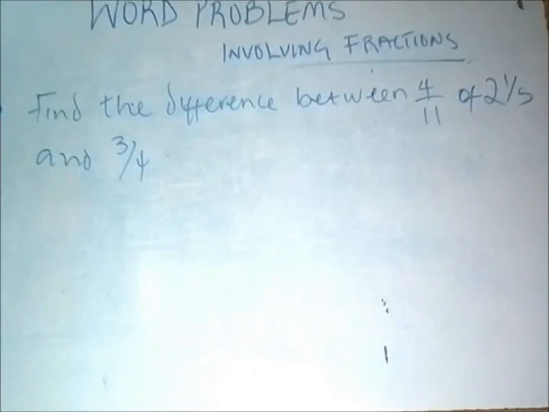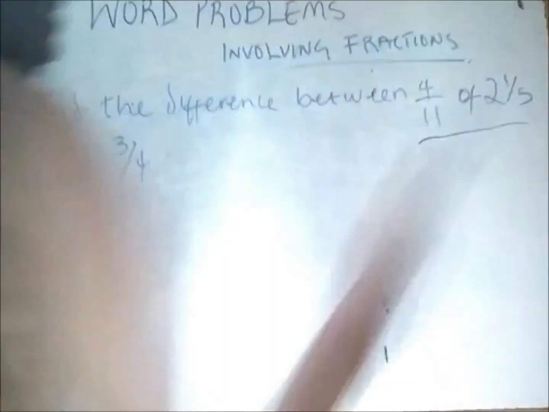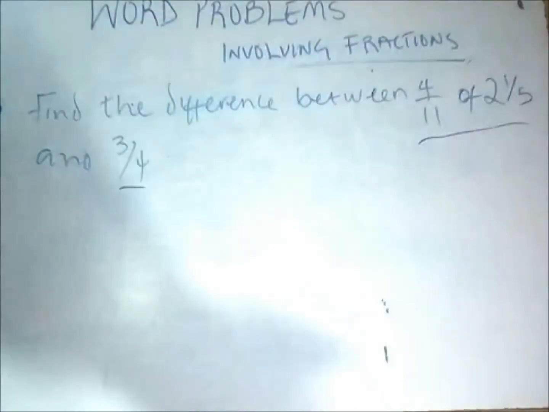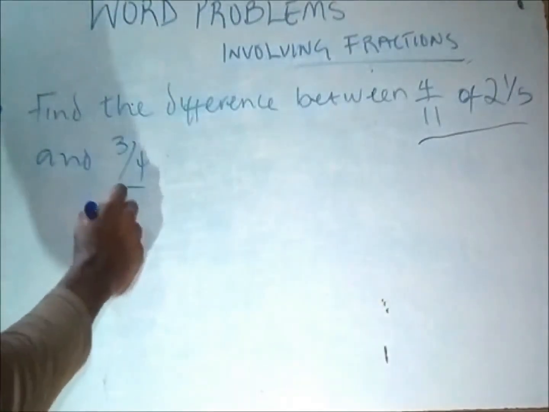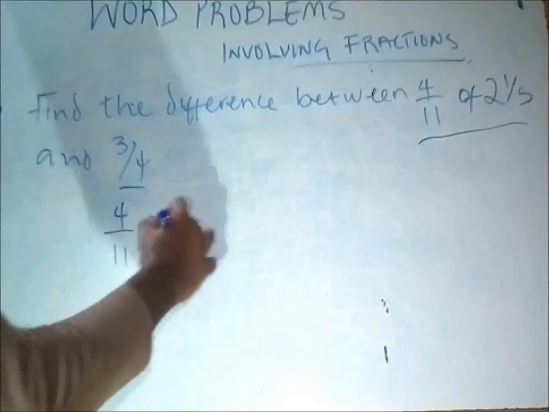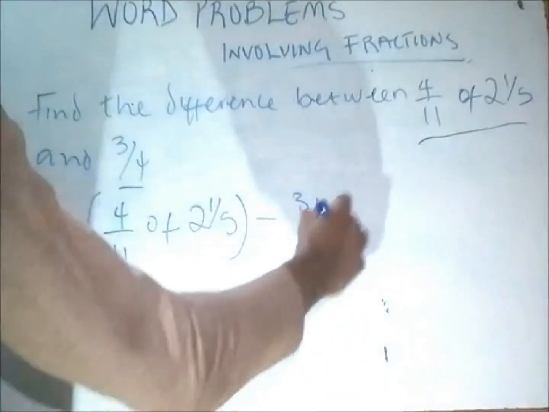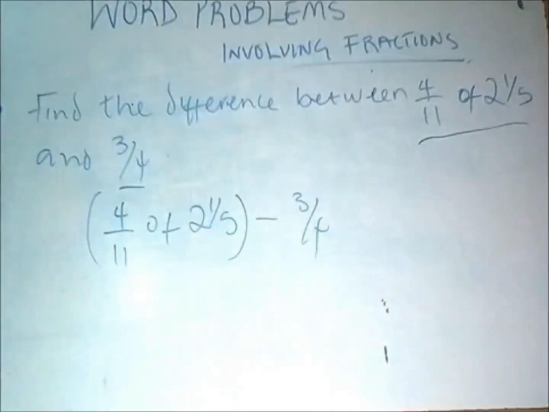You need to understand that they're telling you to find the difference between this and this, and the difference is subtraction. So they're saying, what is 4/11 of 2 1/5 minus 3/4? That's the interpretation.